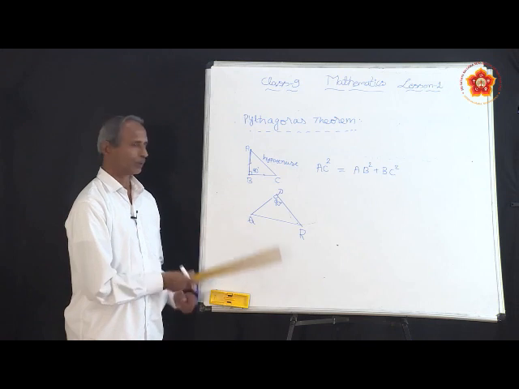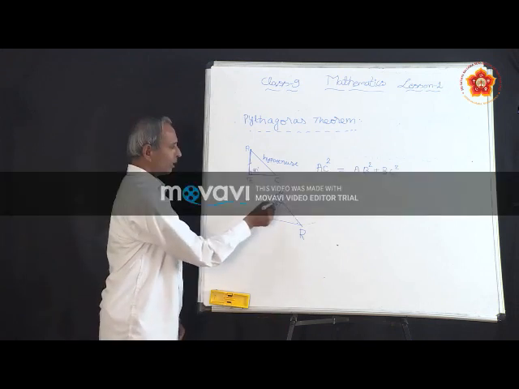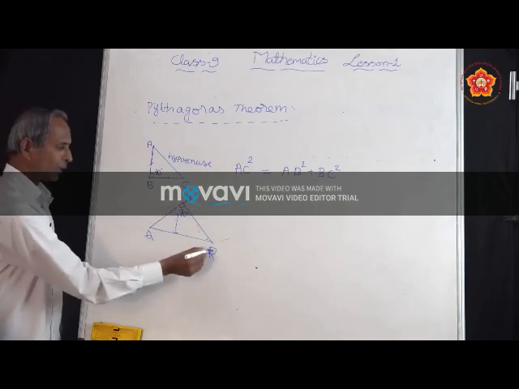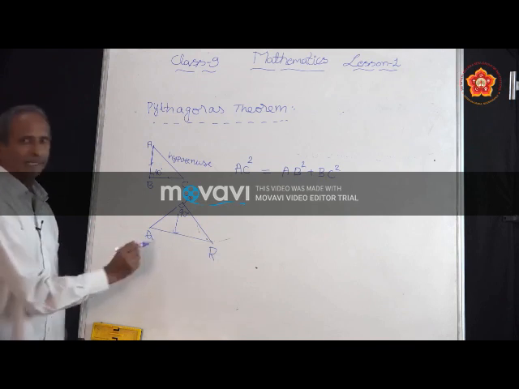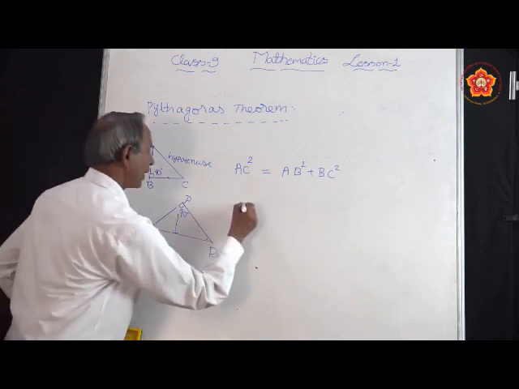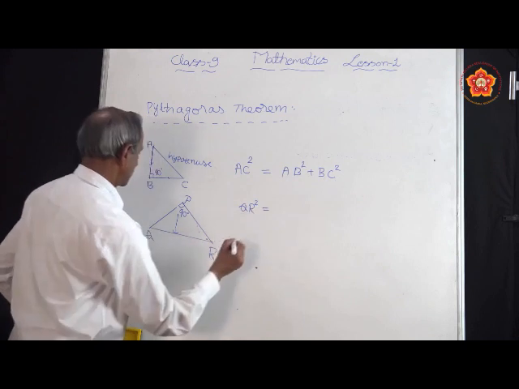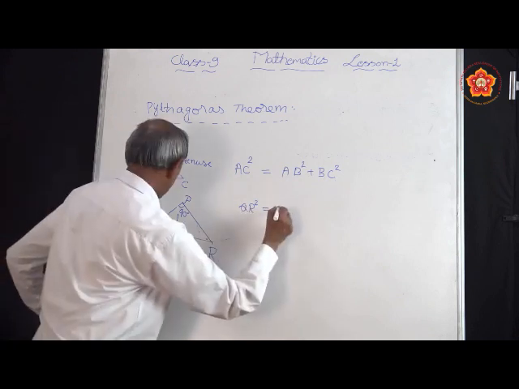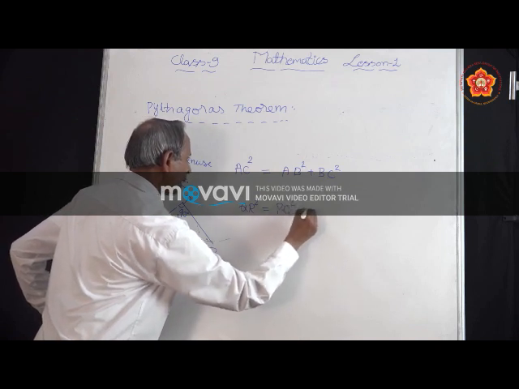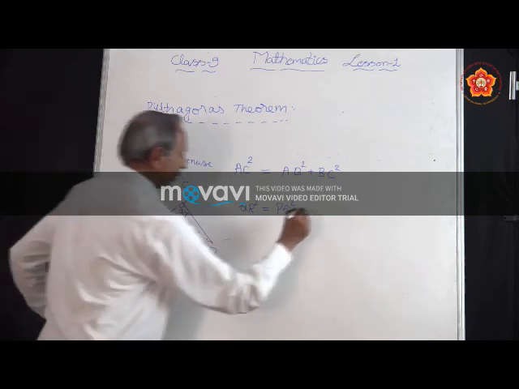Here the right angle is at the vertex P. The opposite side becomes QR, therefore QR is the hypotenuse in this triangle. Now we get QR square is equal to the sum of the squares on the remaining sides: one side is PQ square, another side is PR square.